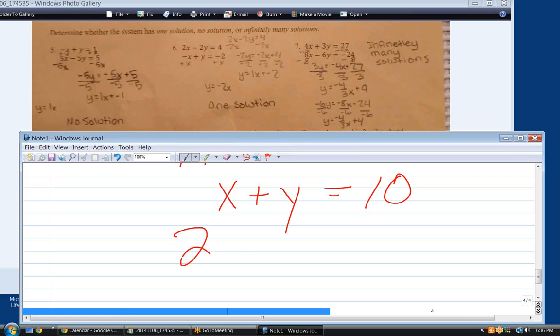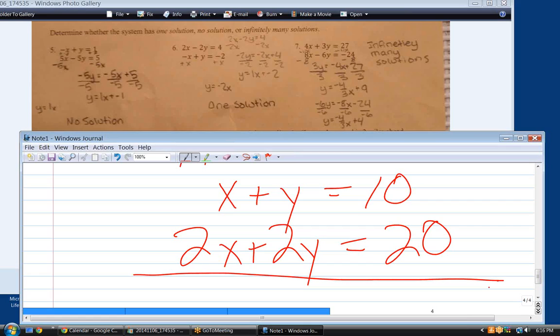So if I add another one that is merely a multiple of that, then I still have infinitely many. I haven't added anything new. What happens if I tried to solve this system? Well, I'd multiply the top by 2, everything, and then I would subtract equations, and I get 0 equals 0. Which is infinitely many.